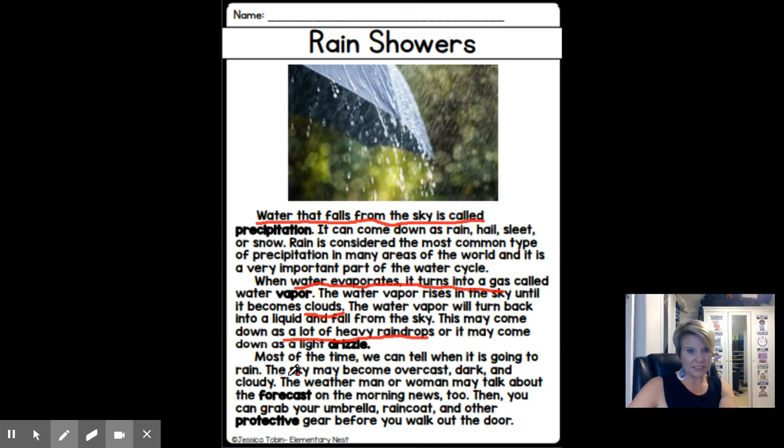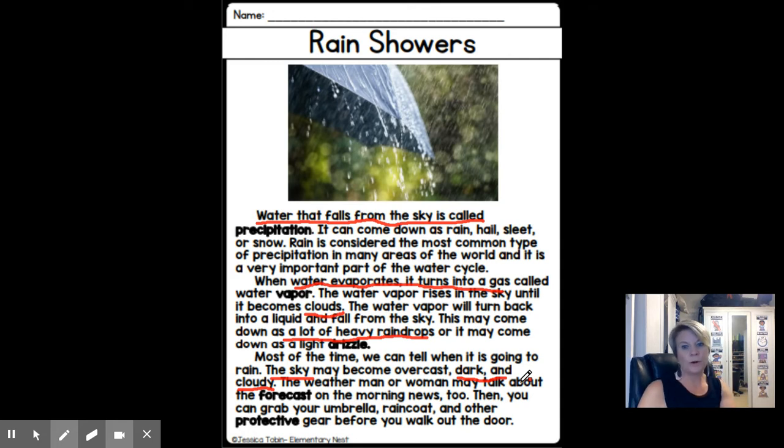So it says the sky may become overcast, dark, and cloudy. Dark and cloudy are two examples there. So I think overcast must mean that the sky is dark and cloudy. And I'm going to underline sky there because sky is in that sentence and it tells me we're talking about the sky. So I think overcast means that the sky is dark and cloudy.